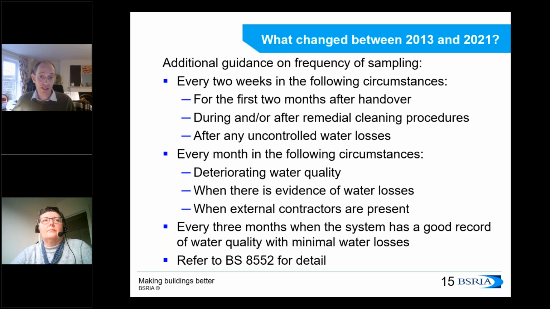In normal operation, if you have a system that is stable, has a good record of water quality, minimal water losses, every 3 months should be absolutely fine. And by the way, BS 8552 is the British standard on sampling from closed heating and cooling systems. It goes into a lot of detail about how to do the sampling, whereas BG50 is more about when to do the sampling.